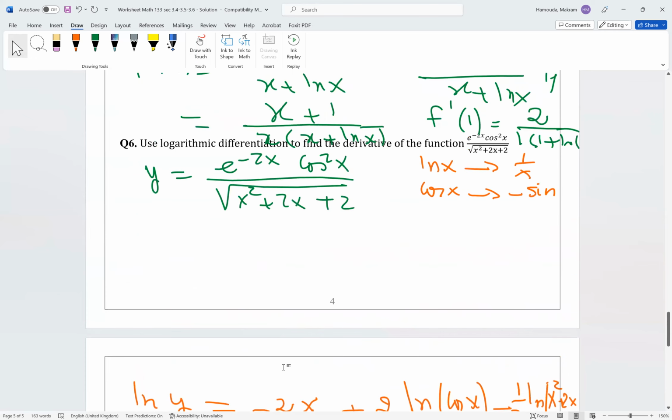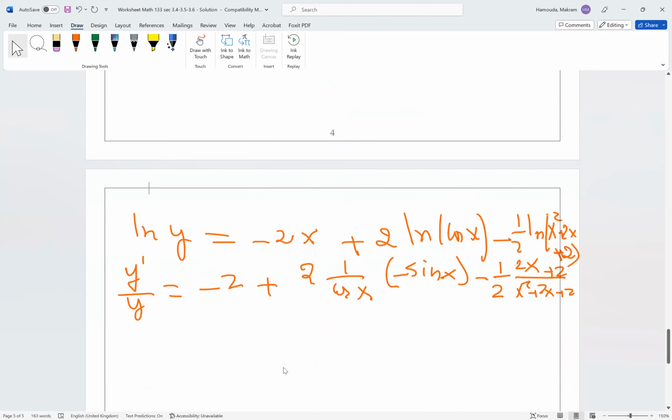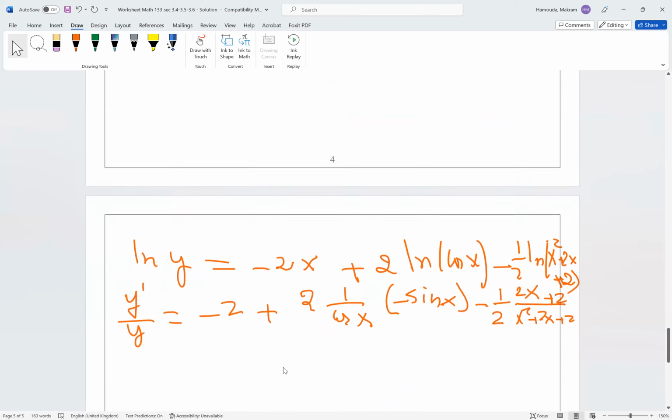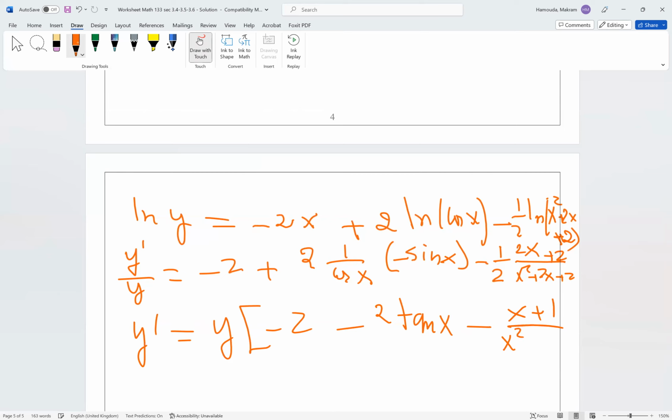So the question is to find the y prime. Okay, so y prime is equal to, when we multiply by y, it's y times minus 2 tan x minus x plus 1 over x squared plus 2x plus 2.